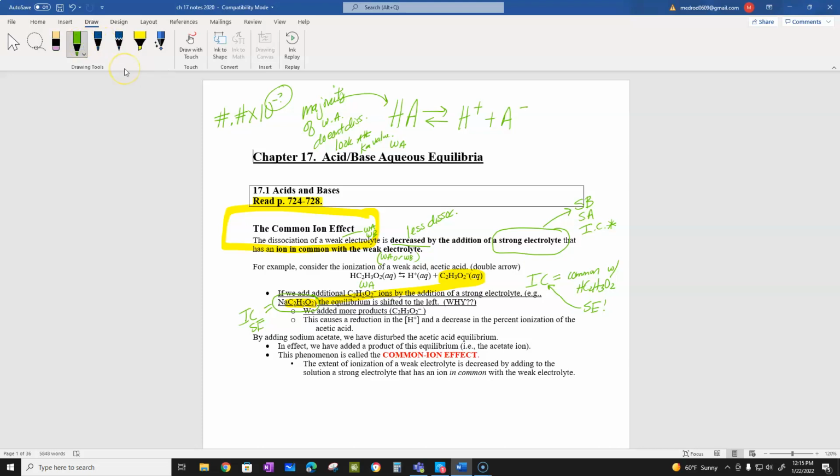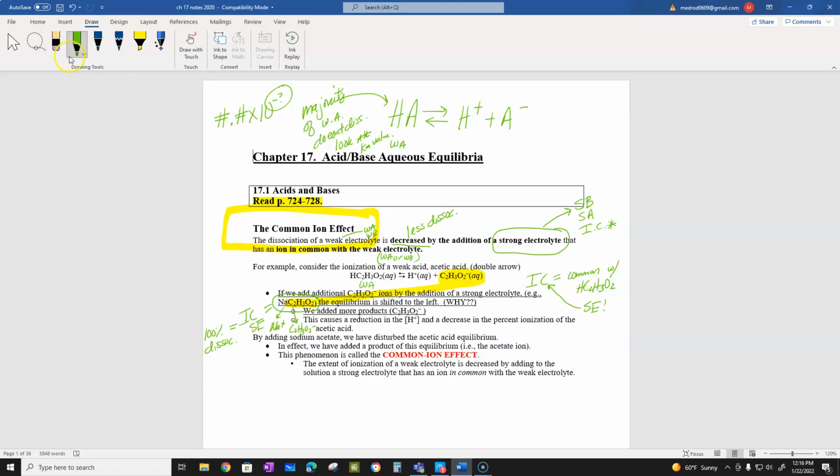And remember, strong electrolytes 100% dissociate. So when it hits water, it's going to break up into sodium, which I don't see anywhere in the acid equation, and then into my acetate ion. I'm not affecting that acid, I'm affecting the ion.